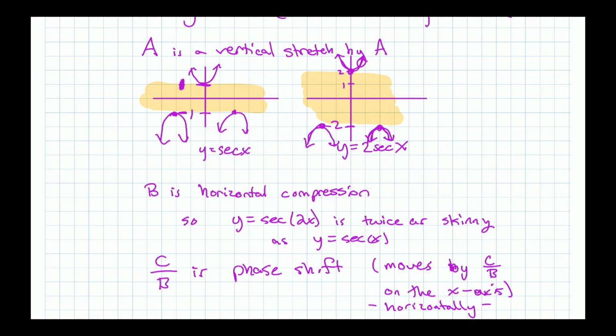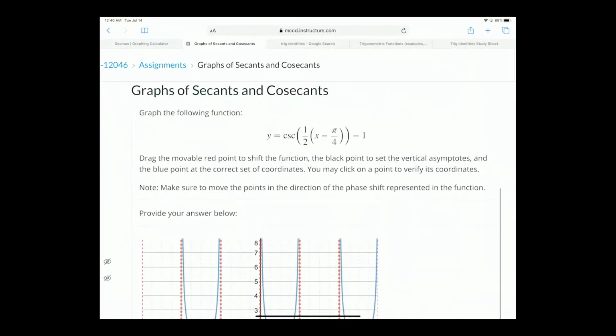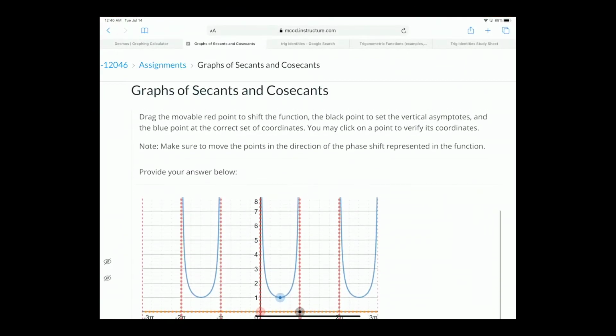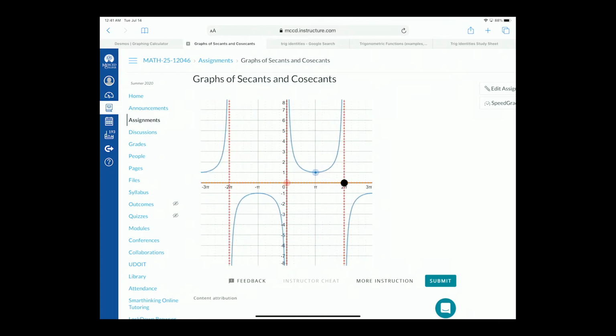If you put a 2, it's twice as skinny. If you put a 1/2, it's going to be twice as wide. So I see the 1/2 and I know that should be twice as wide now. So I take this dot and stretch it twice as wide. It started at the pi, so I'm going to drag it over to the 2 pi.